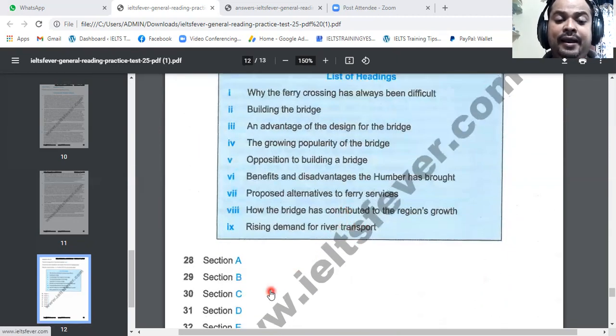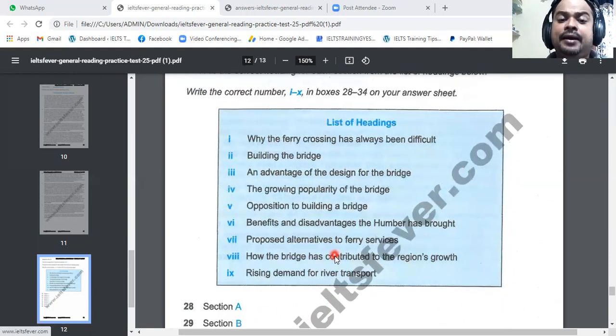Now, before going into the paragraphs, I am going to read the headings and paraphrase the headings in our mind. So how to do that? So, why the ferry crossing has always been difficult. If you have all the options in your mind, you'll get a better picture when you read the passage.